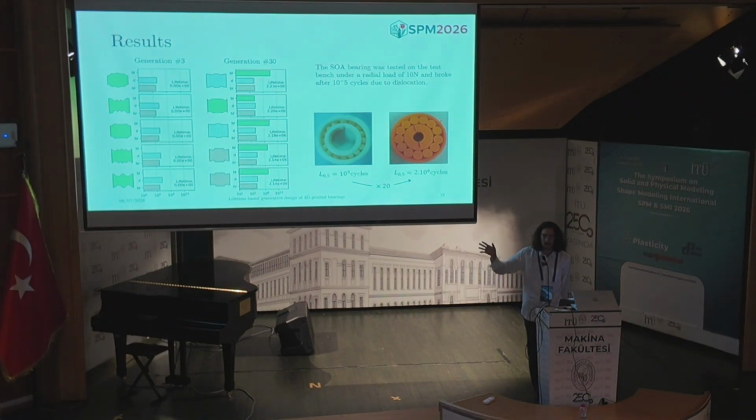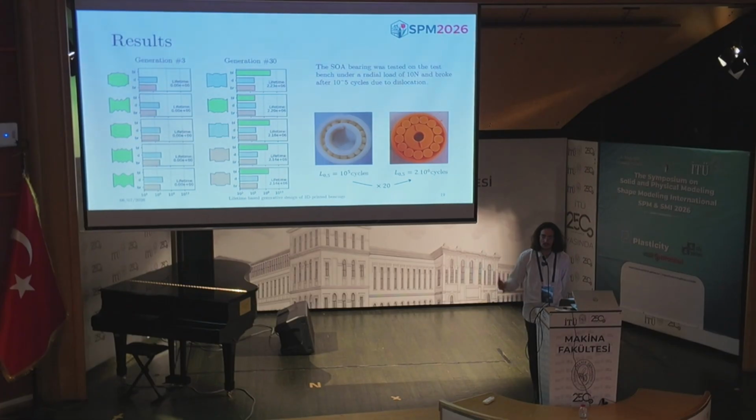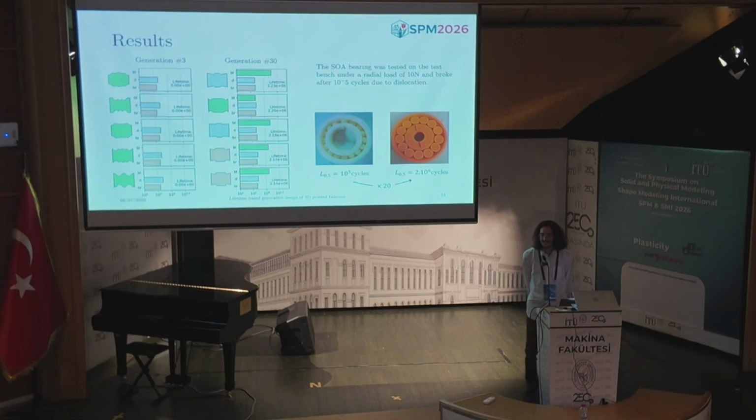I don't know if it answers, but if you just print a sphere with a 3D printer, it will work, of course, but it will vibrate, do a lot of vibration, and dislocate really quickly compared to that kind of geometry that doesn't have this kind of problem. Okay, thank you.